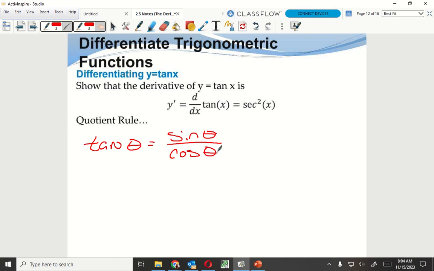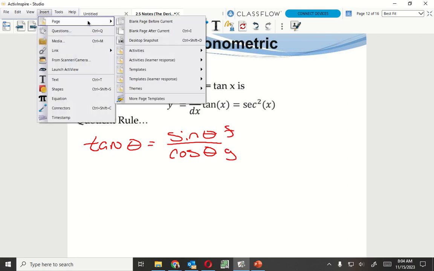Now, by looking at that, I should think, I don't know how to do the derivative of tangent by itself, but I know sine over cosine is a quotient. So if I say that's a quotient rule, this is going to be my f and this is going to be my g.